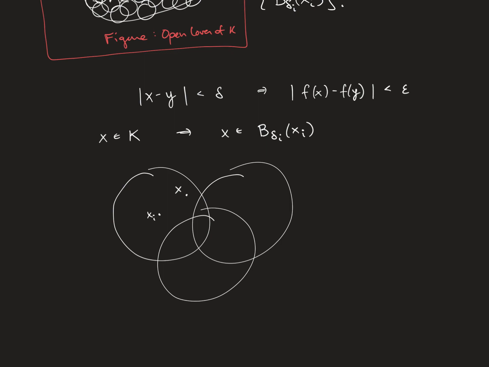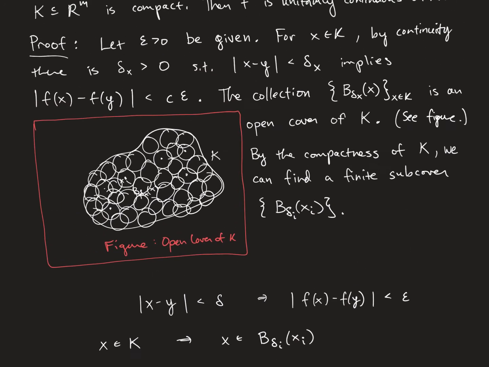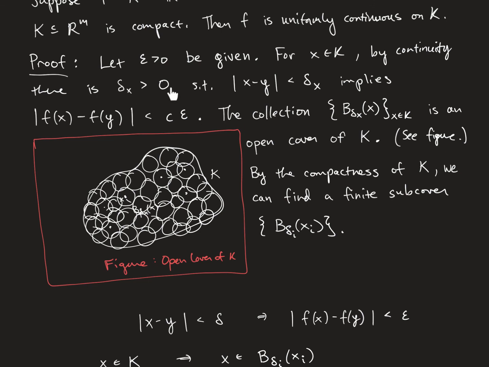Now here's one thing we can note. If y is also in this same x sub i ball, then the distance between f of x and f of y, right, so basically we know f of x is going to be close to f of x sub i, because the condition to be in that delta i ball is that the images of the points in that ball from the center of the ball are less than some multiple of epsilon.